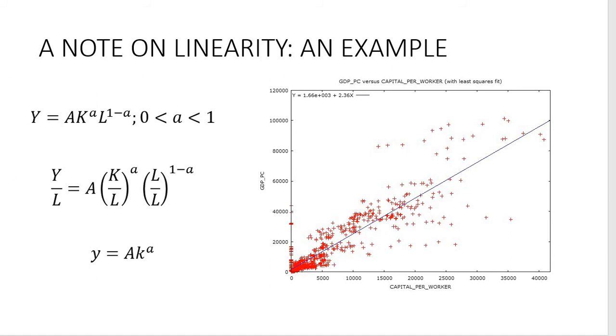So this is a production function from the Solow model, where A stands for the technological coefficient, K stands for the stock of physical capital, and L stands for the stock of labor, and its underlying assumption is that alpha takes a value between 0 and 1.